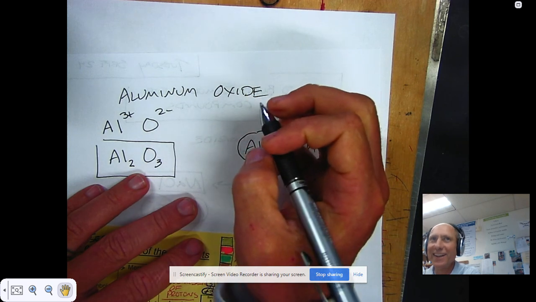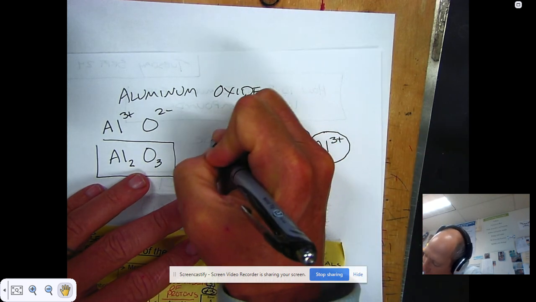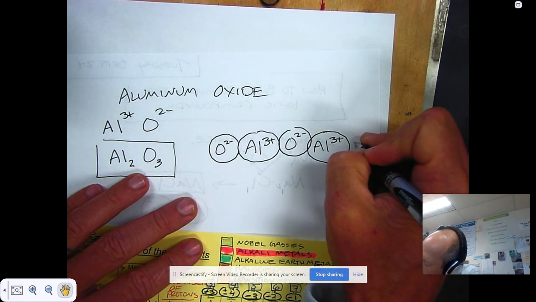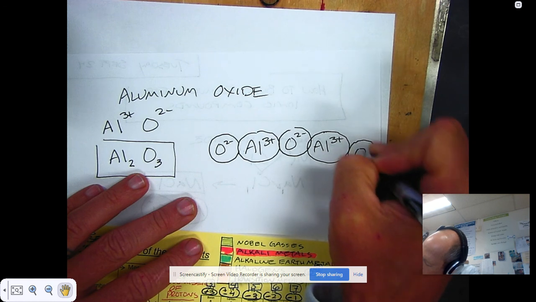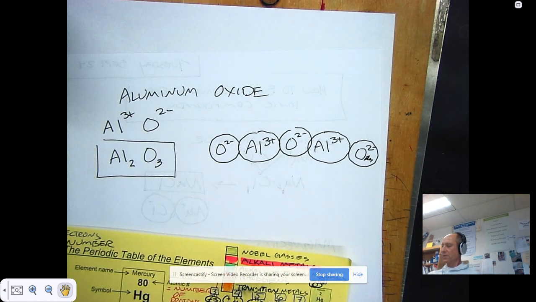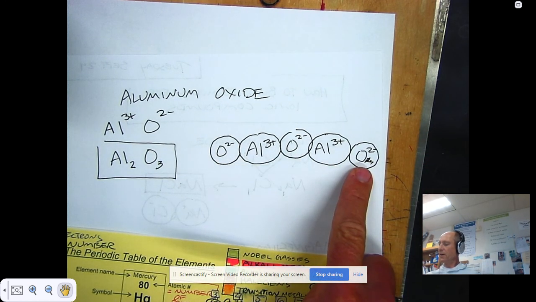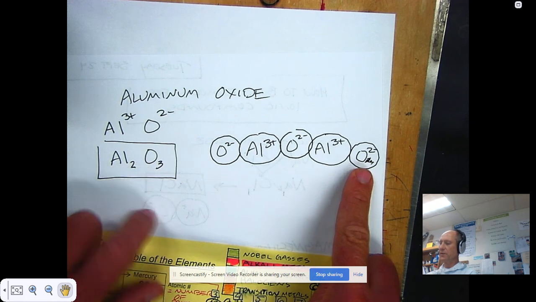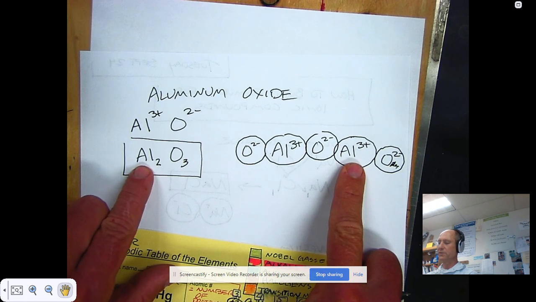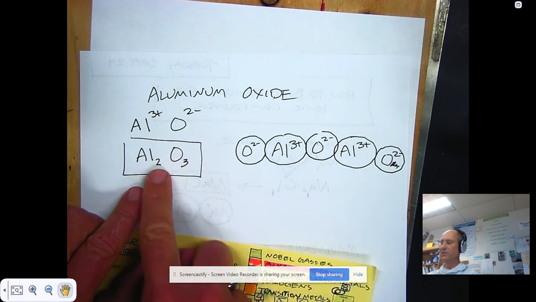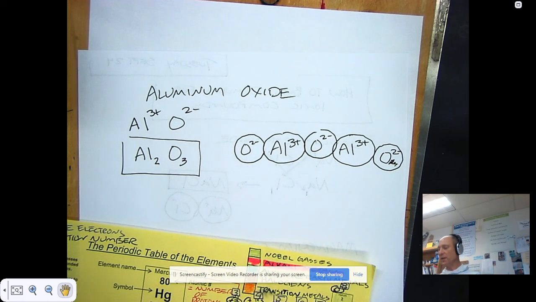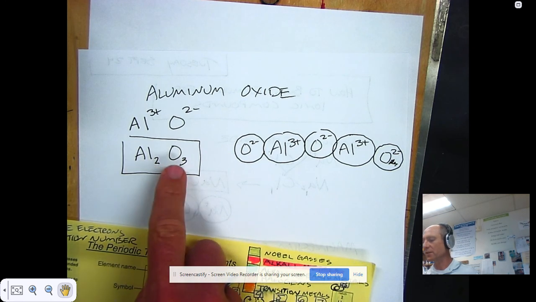And we're going to need 3 of these oxide ions in order to balance out the positive charge. 1, 2, 3 oxides, 3 oxides, and 1, 2 aluminum ions, 2 aluminum ions. So this just models the same thing that this models, which is the ratio of positive ions to negative ions.